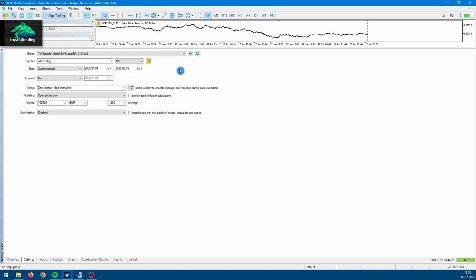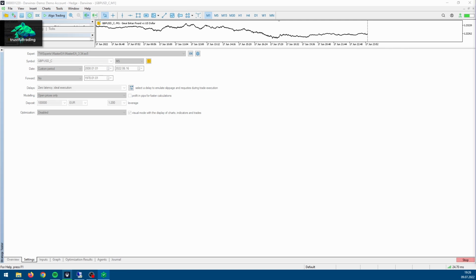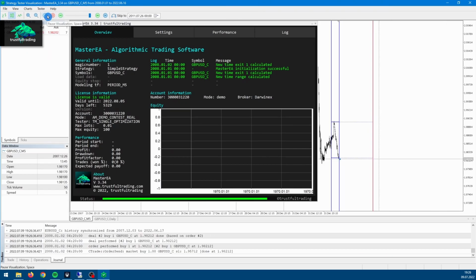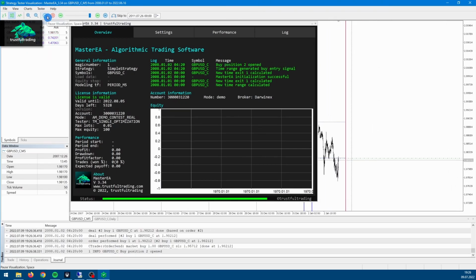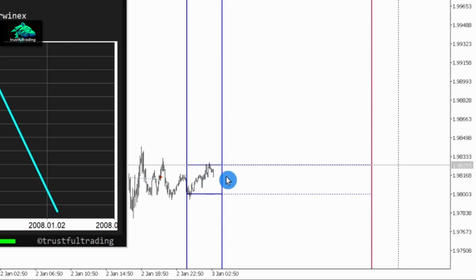And first of all, we will make a quick visual backtest to see if the strategy works as intended. Okay, so let's start the visual tester. And we can already see we are building up a range, and after the time window we should enter a short position if we break out to the upper side, and we should enter a long position if we break through the lower range limit.